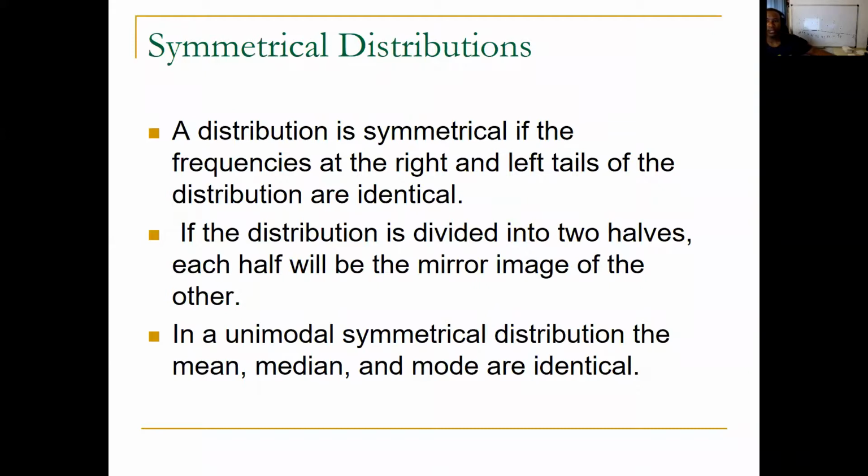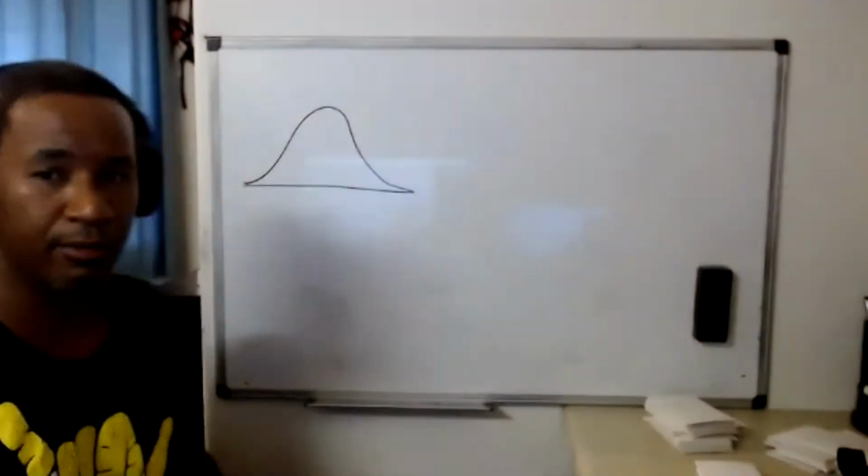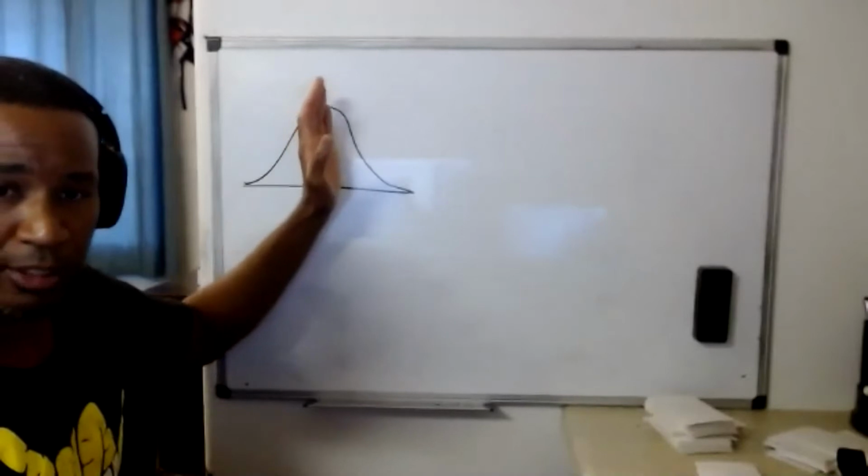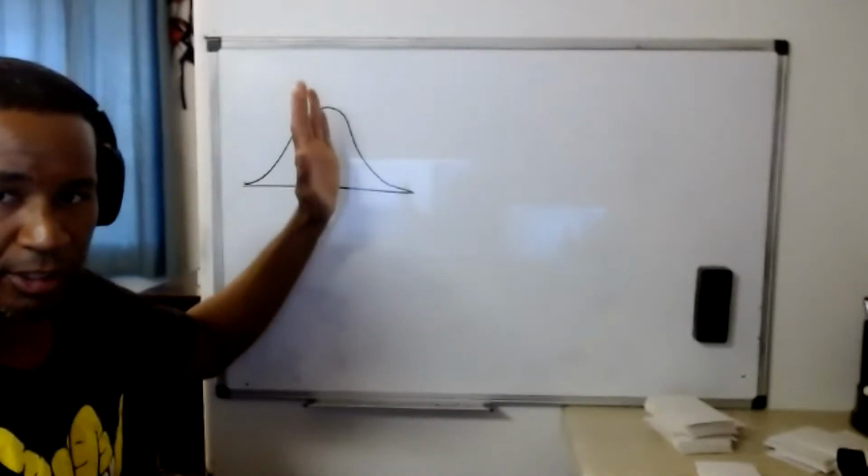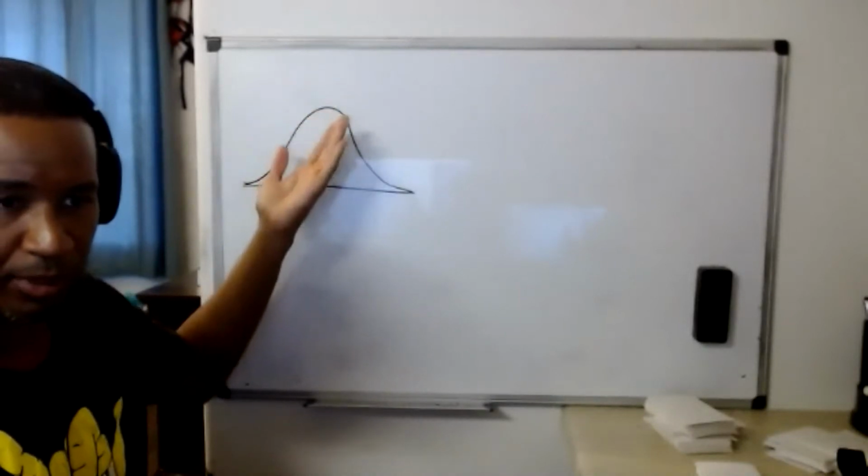A distribution is symmetrical if the distributions at the right and left tails of the distribution are identical. So what does a symmetrical distribution look like? It looks like what I was originally drawing before I threw in that 82-year-old and before I threw in Bill Gates. A symmetrical distribution looks like this, where the vast majority of the distribution is in the middle, center of the distribution, where the mean would typically be.